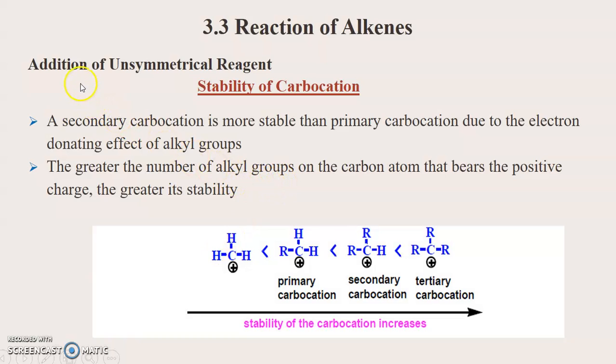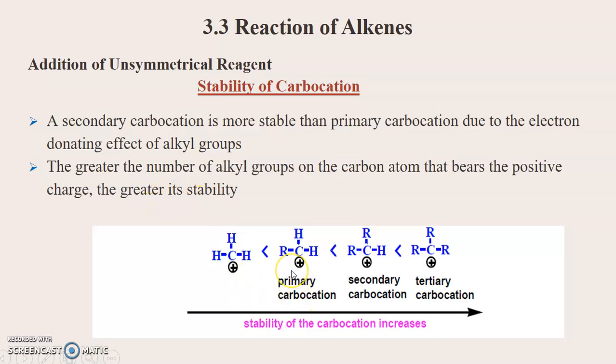And the reason why addition of unsymmetrical reagent follows the Markovnikov rule is due to the stability of the carbocation. Secondary carbocation is more stable than primary carbocation due to the electron donating effect of alkyl groups. The greater the number of alkyl groups on the carbon atom that bears the positive charge, the greater the stability.